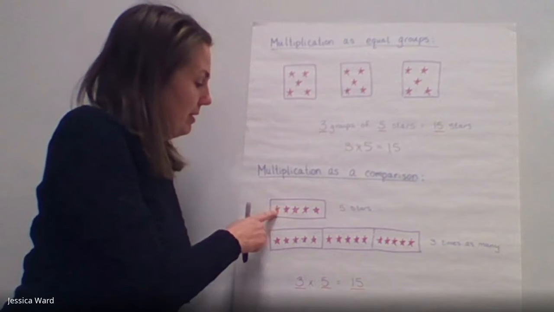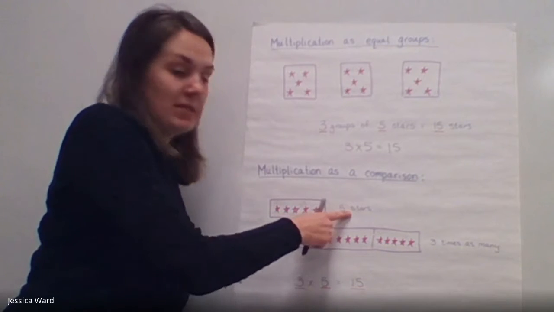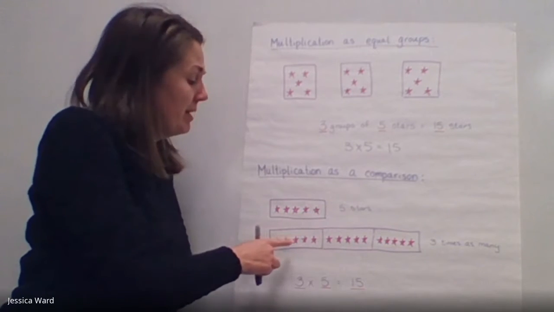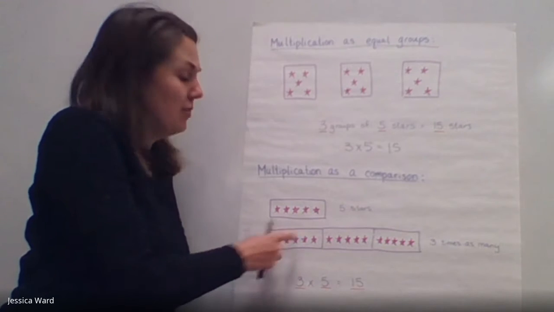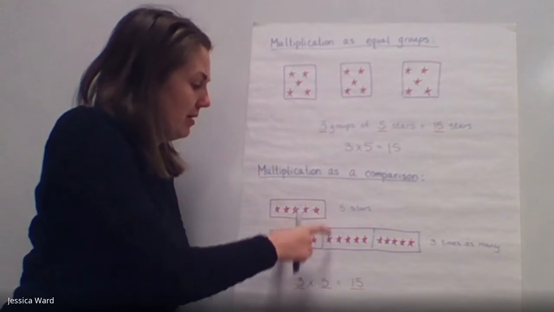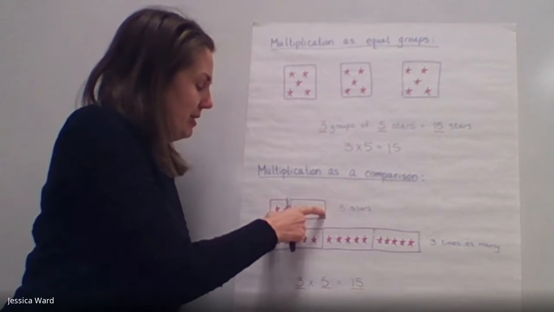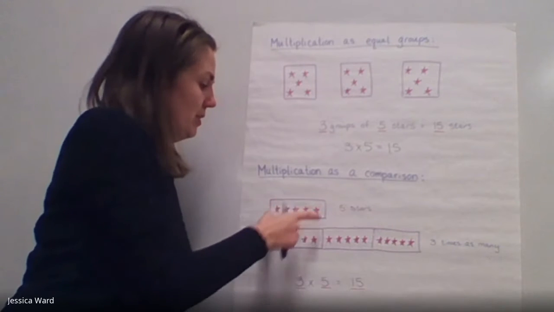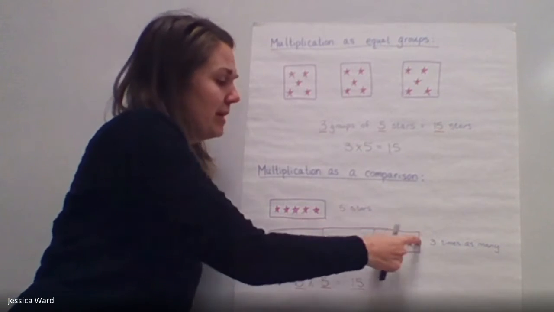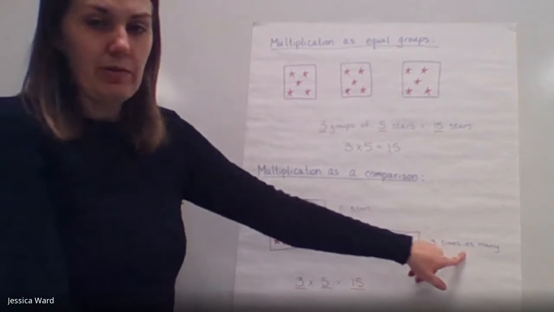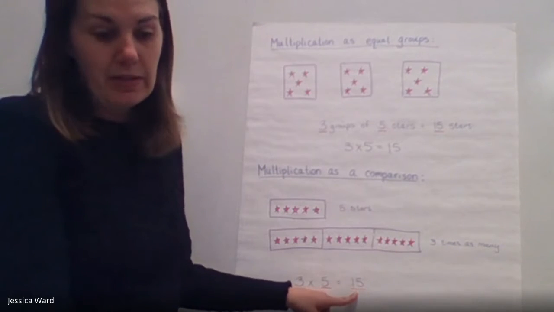So you start off with one box that has 5 stars. But then if you have 3 times that many, you have one group of 5, just like here, another one just like here, and another one. So you have that same box 3 times as many, or 3 times 5 to still equal 15.